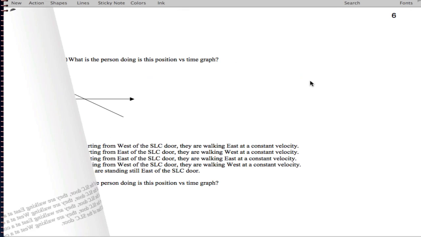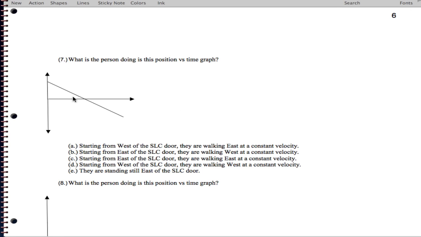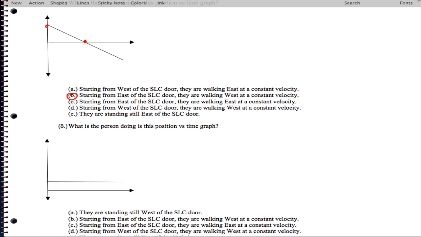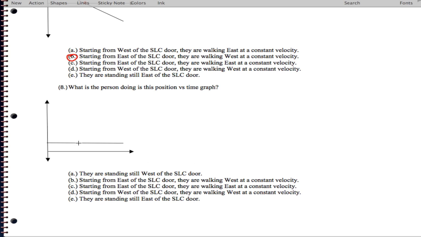Now, what is the person doing in this graph? They start east, they're moving west, and they actually walk past the entrance. But it's accurate enough to simply say that we start east and we're walking west, so B actually works again too.